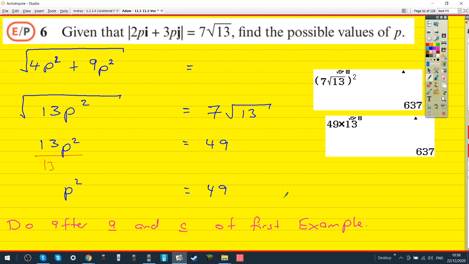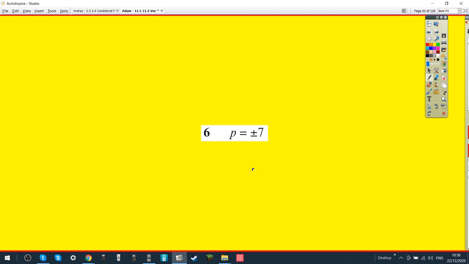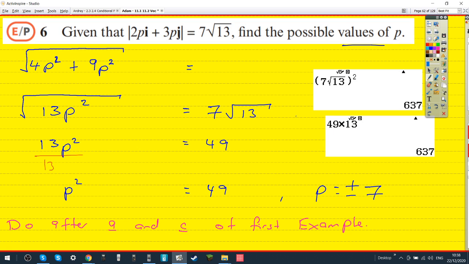Okay, so what is p? 7. Why does it say values of p? What other number gives you 49 when you square it? Minus 7. Yep. Plus or minus 7. So basically this is in reverse.